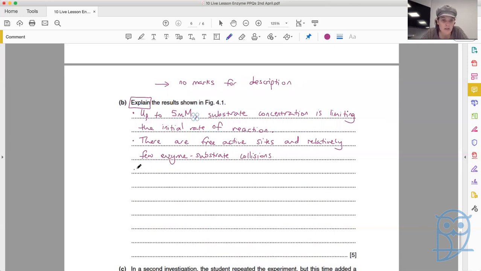Okay? So, again, explanation. As substrate concentration increases, what is the reason why for that increased rate of reaction? We have more enzyme substrate complexes formed.